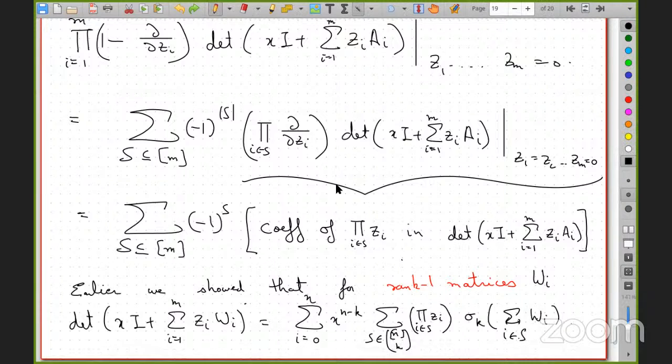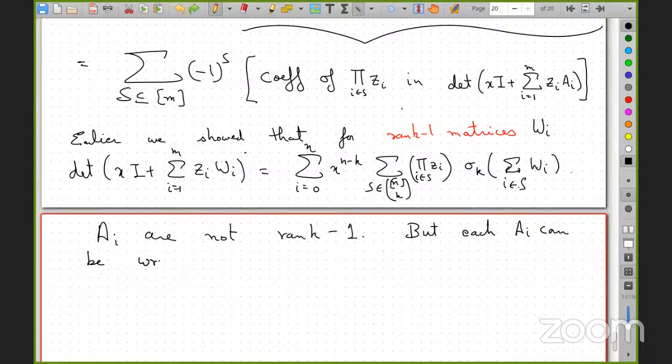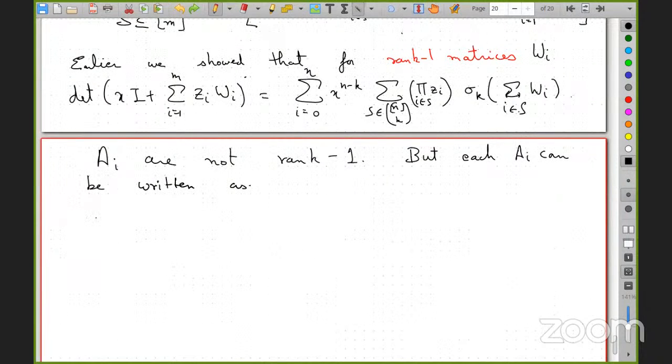Okay, but the AIs are not rank 1, but they are sums of rank 1, right? So that's what Siddharth was saying. Each AI has the following form. What is the form?